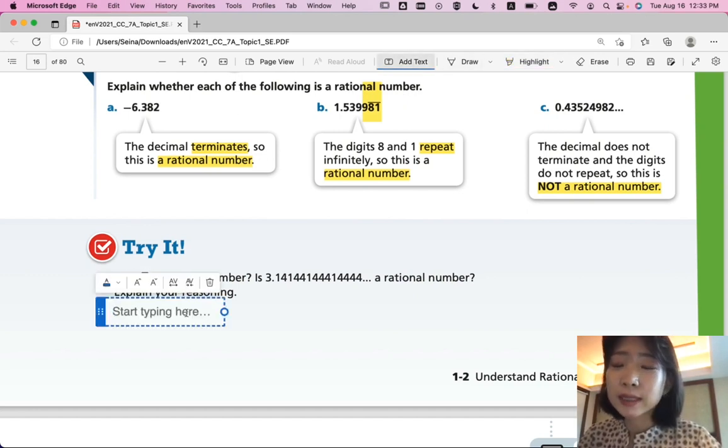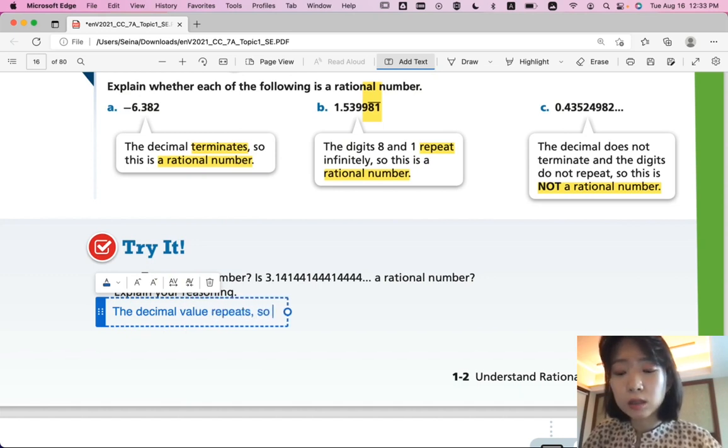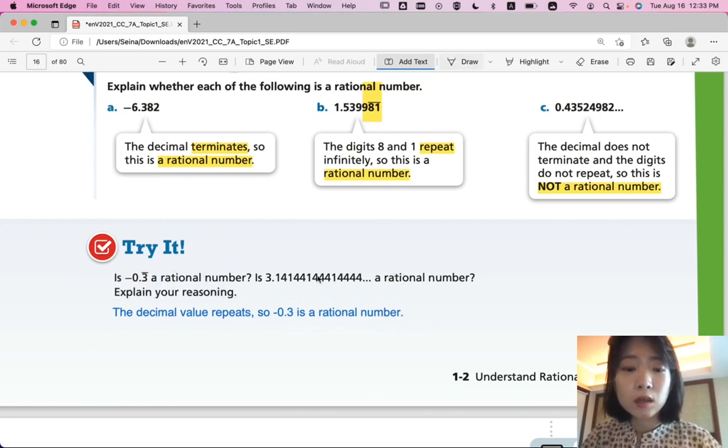It is a repeating decimal, so yes, the decimal value repeats. So negative 0.333 dot, dot, dot is a rational number.